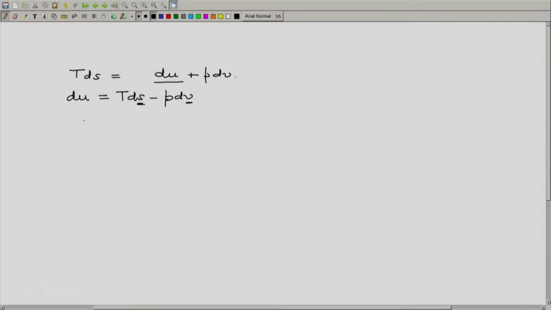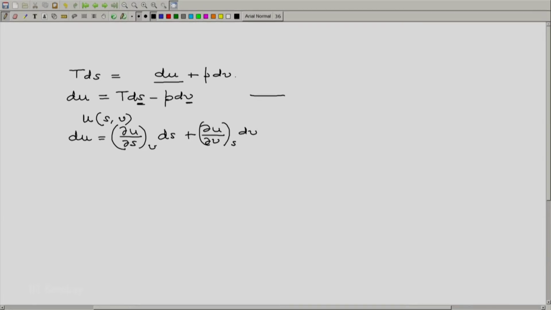So let us consider u to be a function of s and v. Expanding du in terms of ds and dv, we will get du equal to partial of u with respect to s at constant v into ds plus partial of u with respect to v at constant s into dv.